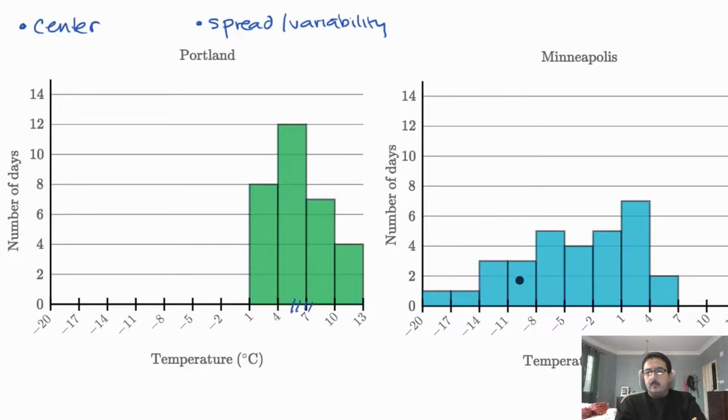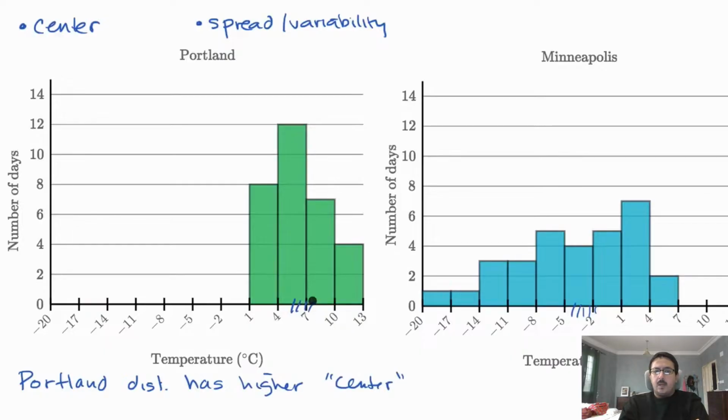While for Minneapolis, it looks like our center is much closer to maybe -2 or -3 degrees Celsius. So here, even though we don't know precisely what the mean or the median is of each of these distributions, you can say that the Portland distribution has a higher center, however you want to measure it, either mean or median. Now what about the spread or variability?